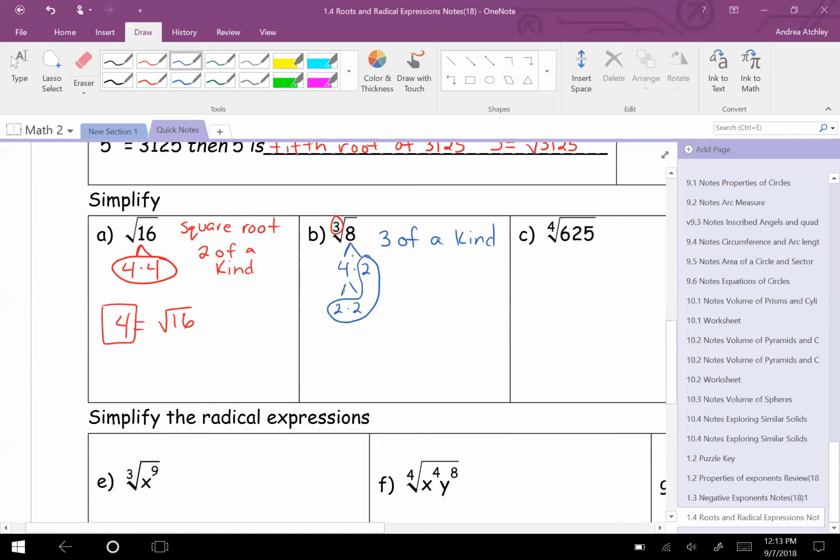So I have 3 2's. So the cubed root of 8 is 2. Any questions over that?